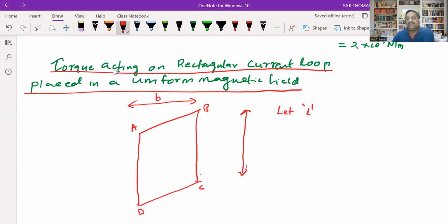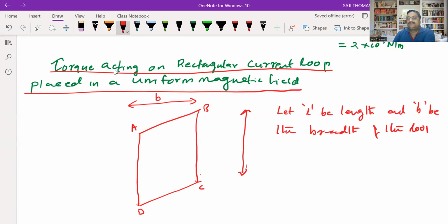Let l be the length and b be the breadth of the loop. Now it is placed in a uniform magnetic field. Let the magnetic field make an angle theta with the normal to the plane of this rectangular coil or loop.